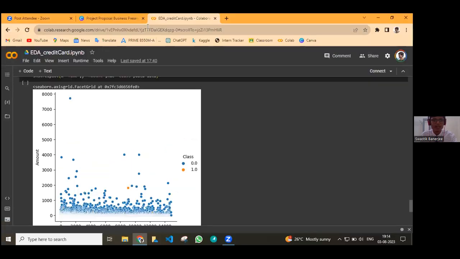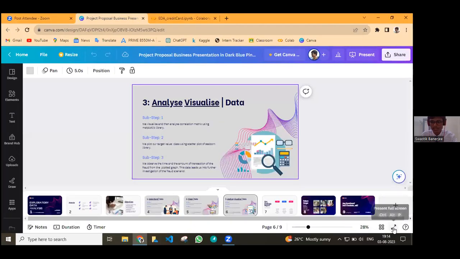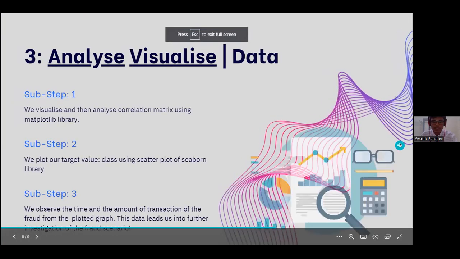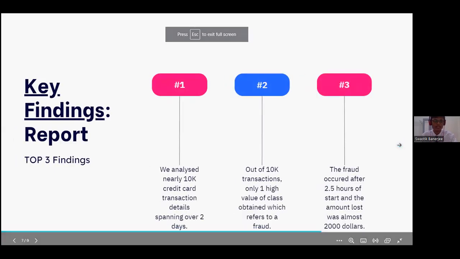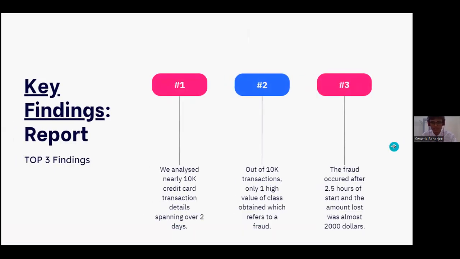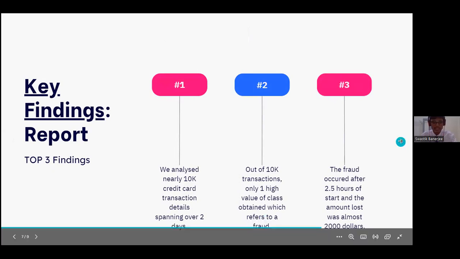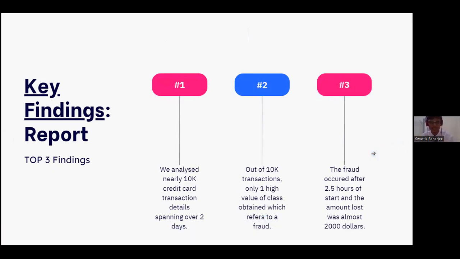So we again go back to the slide. We can see our key findings, the report that I have prepared. We analyzed nearly 10K credit card transaction details spanning over 2 days. Out of 10K transactions, only one high value of class was obtained, which refers to a fraud.